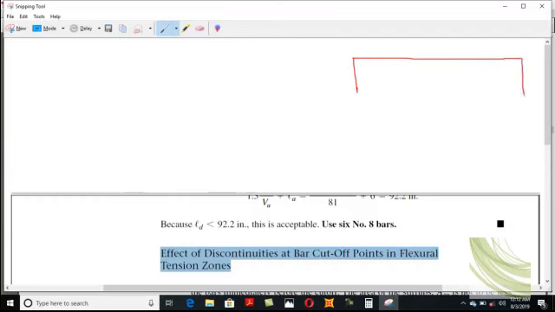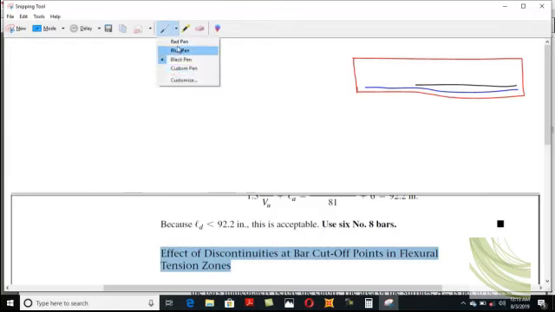This is a beam, you know, and you have a bottom layer, and you cut off the top layer, clear.